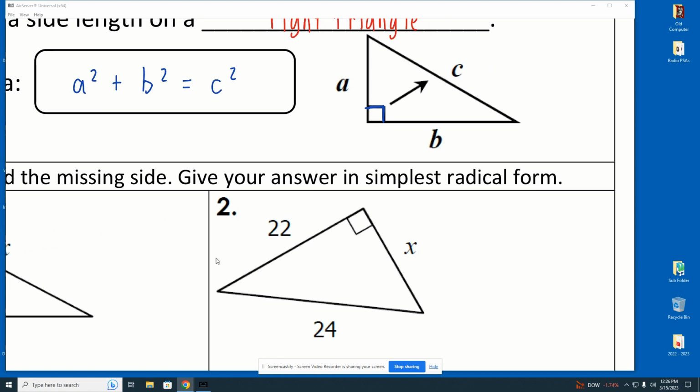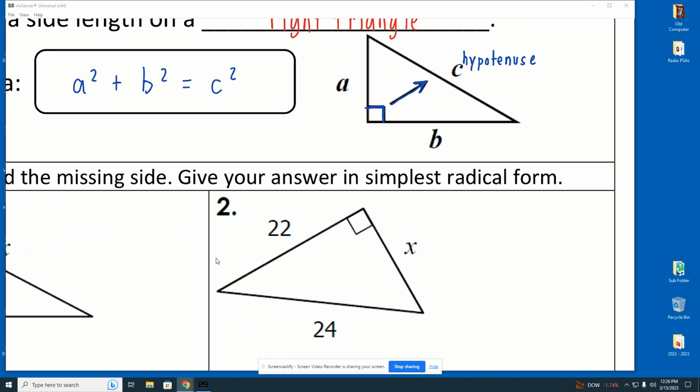So the first thing that you actually look for is the fact that across from the 90-degree angle is the side that we call the what? What do we call it? Across from the 90. We call that the hypotenuse. The hypotenuse has to be across from the 90-degree angle. What else does it have to be? It has to be the longest side. Has to be.